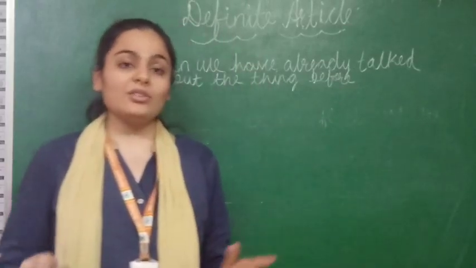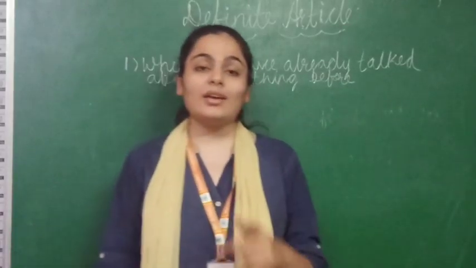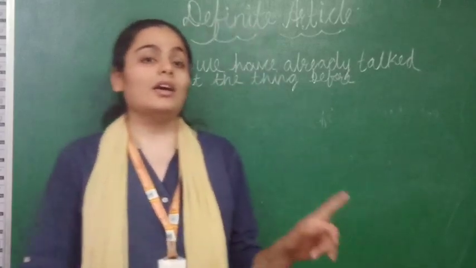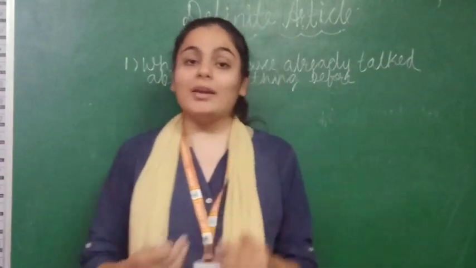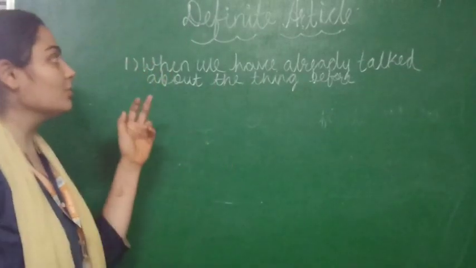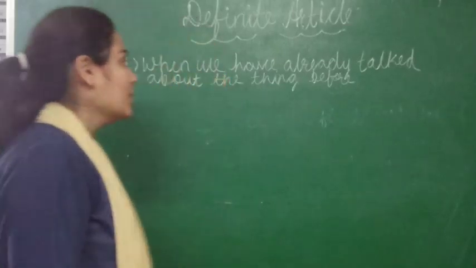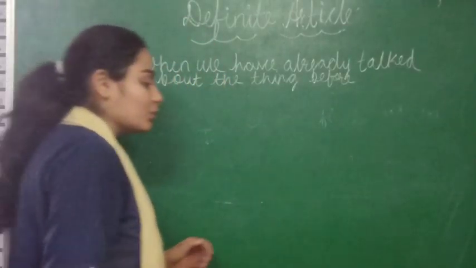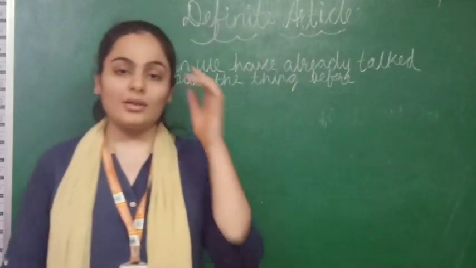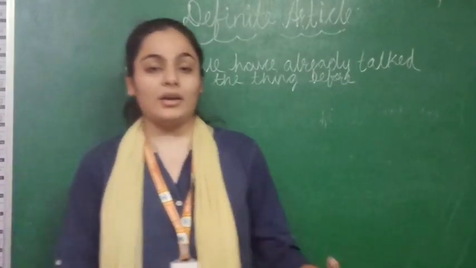If we are using a and an again and again for the same thing, then that is wrong. If we are talking about one thing many times, we are supposed to use the, and it's called the definite article. As I told you, with a singular noun we use a or an.